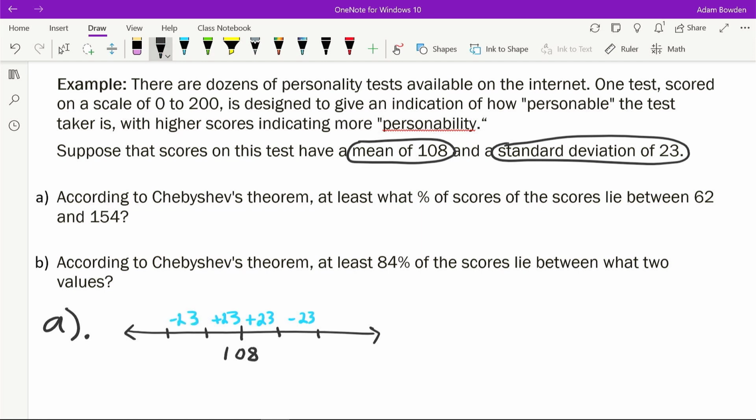If we add it twice, it'll go to 131 and then 154. If we subtract it, it'll go to 85 and then 62. So the numbers they're telling us, 62 and 154, are 2 standard deviations from the mean.